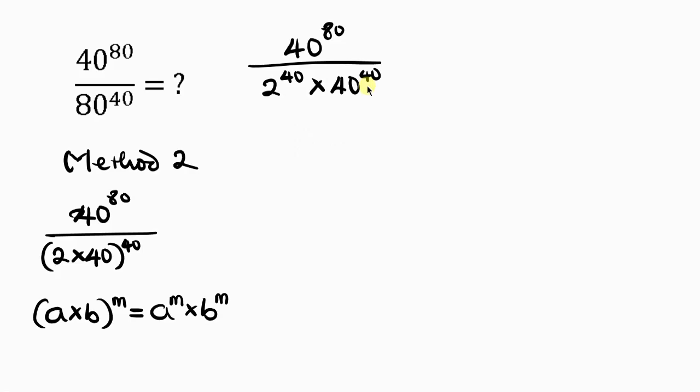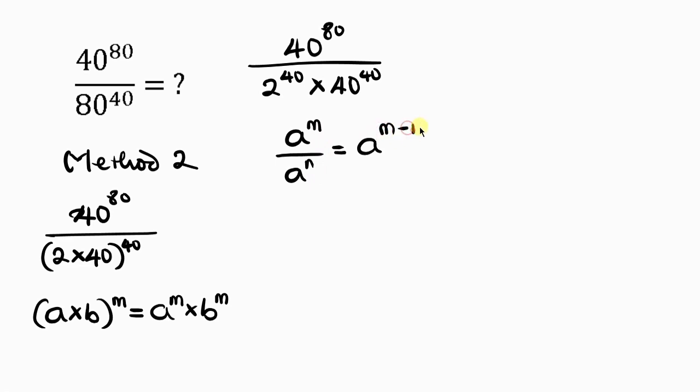Now our next step will be for us to apply the law of indices, which says when I have A to the M divided by A to the N, this is equal to, since the bases are the same, I'm going to be taking one base, and since it is division, I'll be subtracting the powers.